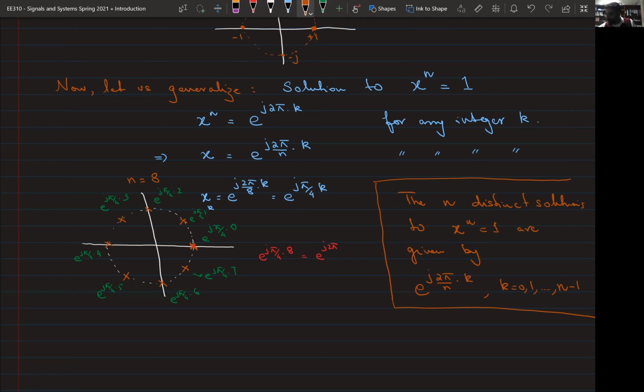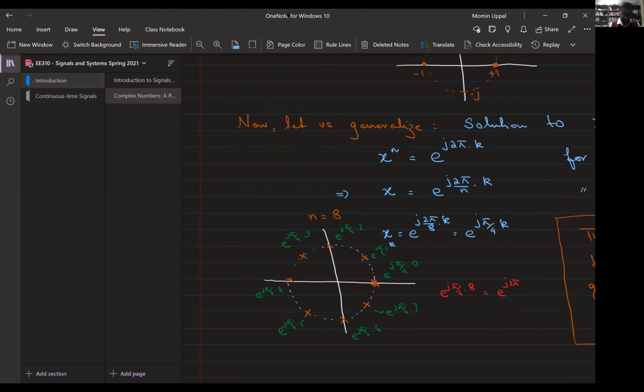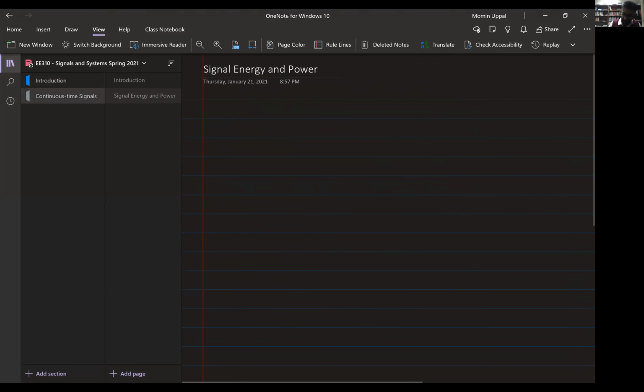Okay, all right. So I'm going to stop here as far as the review of complex numbers is concerned, and jump to the next topic.